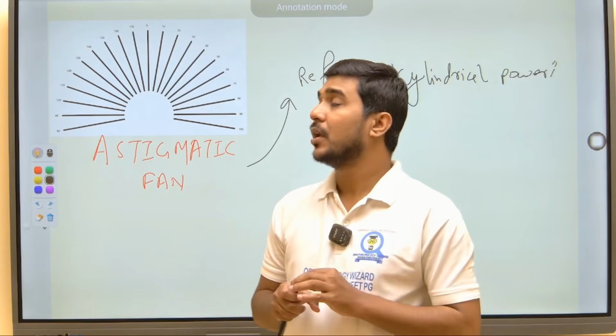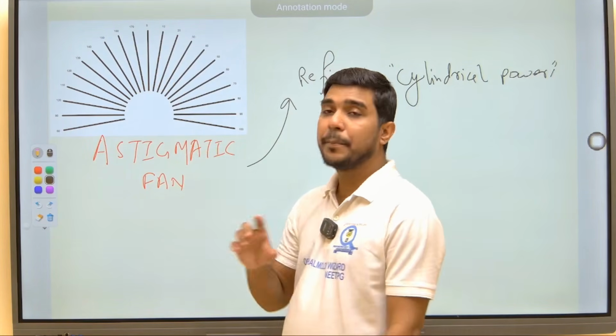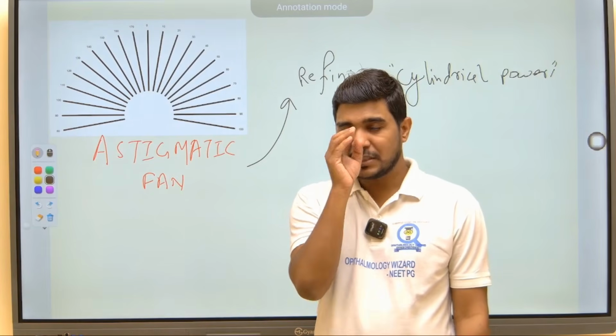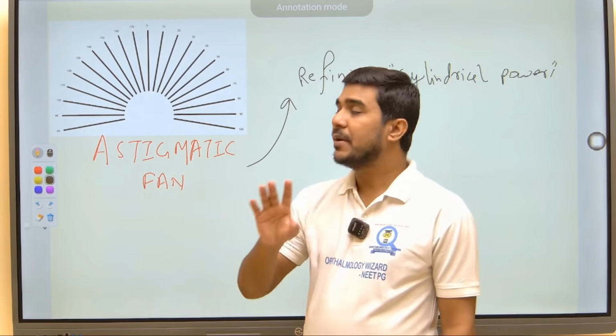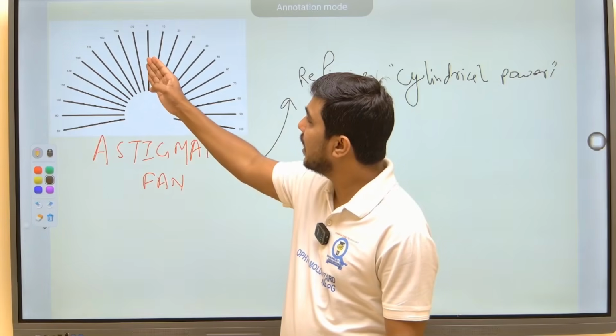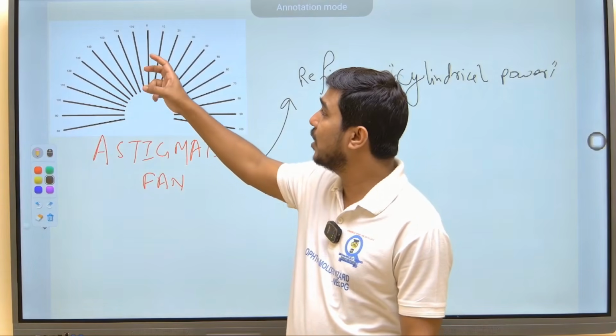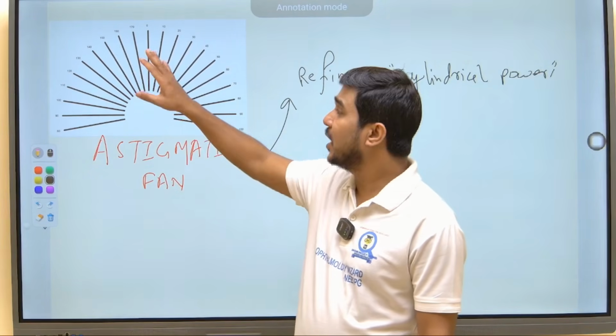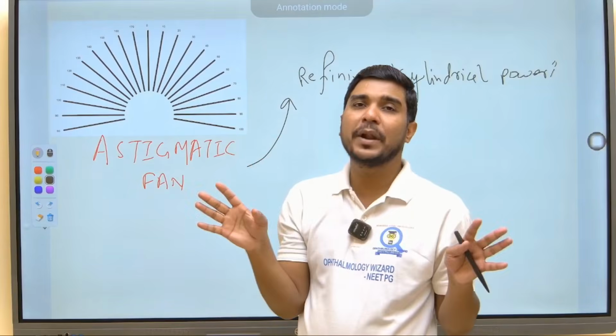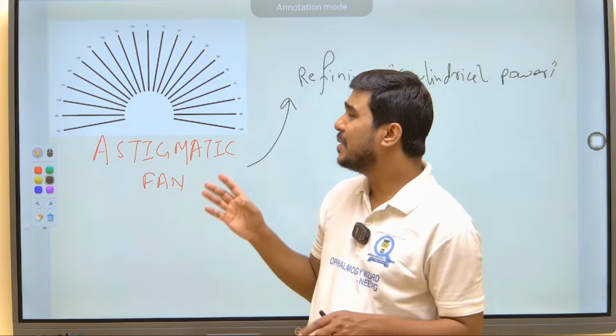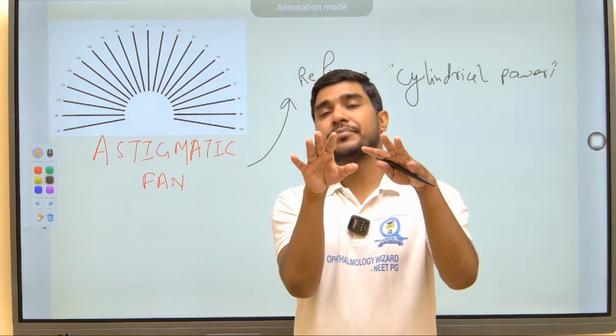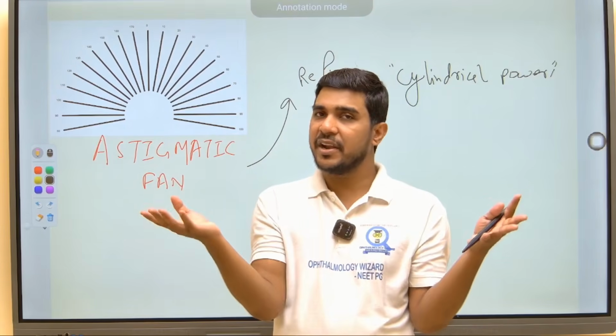Very simple. All these lines should appear of similar brightness. If a person is saying that some lines are looking more bright, and other lines are not looking so bright, very dull, that means there is some error, cylindrical error is there.